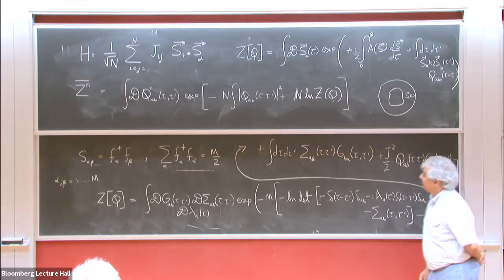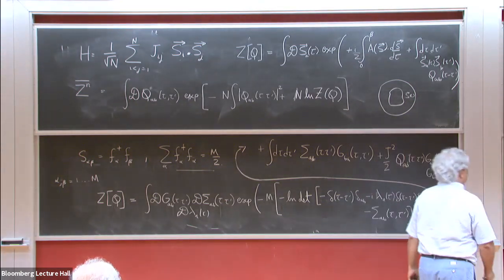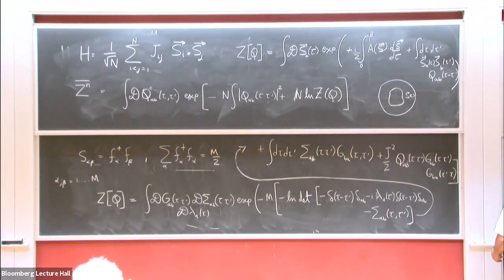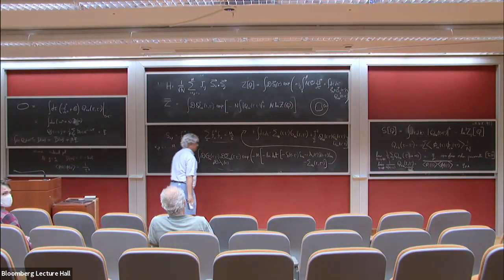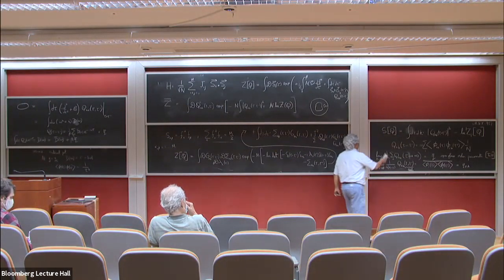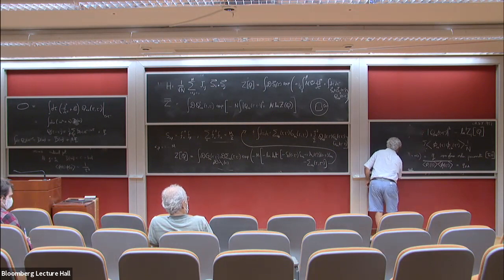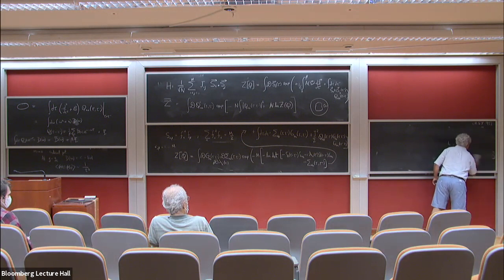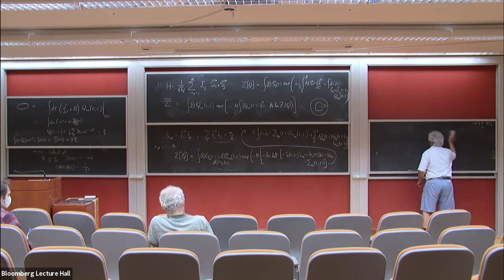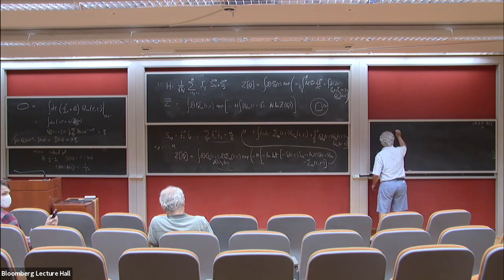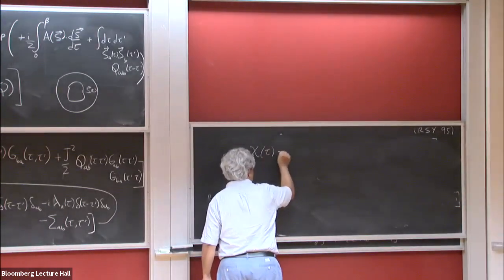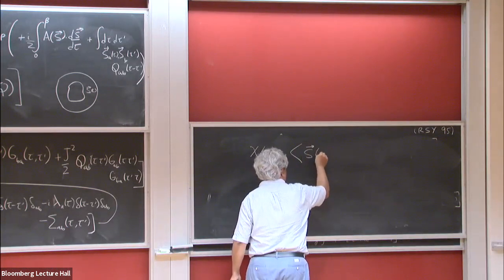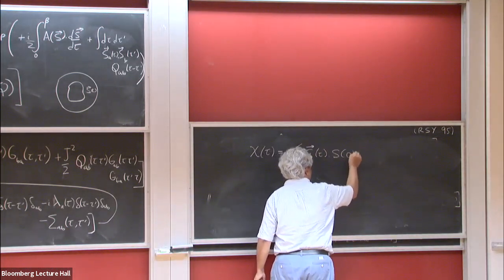Let me just give you a little taste of the result we think we're pretty confident of at this point. It's really easier to say in frequency space. So if I look at the spectral density, if I define the correlator chi of tau, in this case it would be S of tau dotted into S of 0.